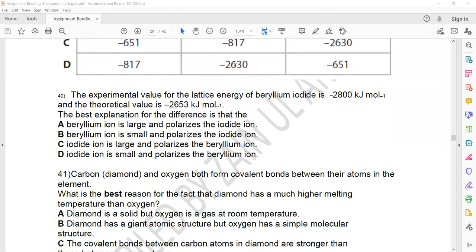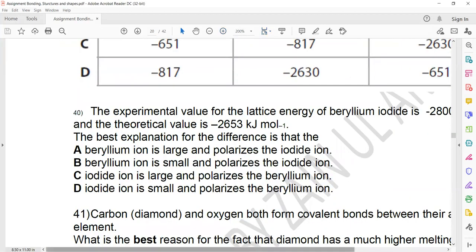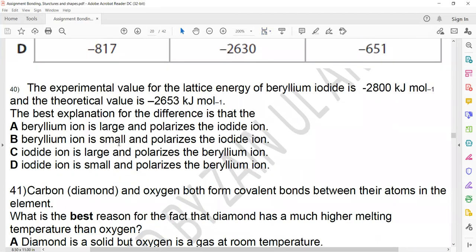And question 40. The experimental value of the lattice energy of beryllium iodide is -2800, whereas the theoretical is -2600. So there's a difference. Why is there a difference between the theoretical and the experimental lattice energy? Because there's a distortion. And how does the distortion occur?